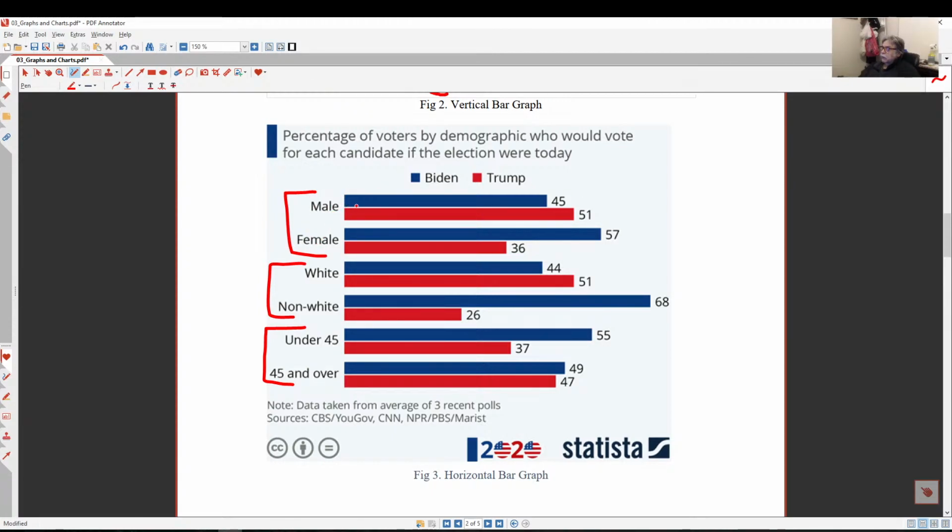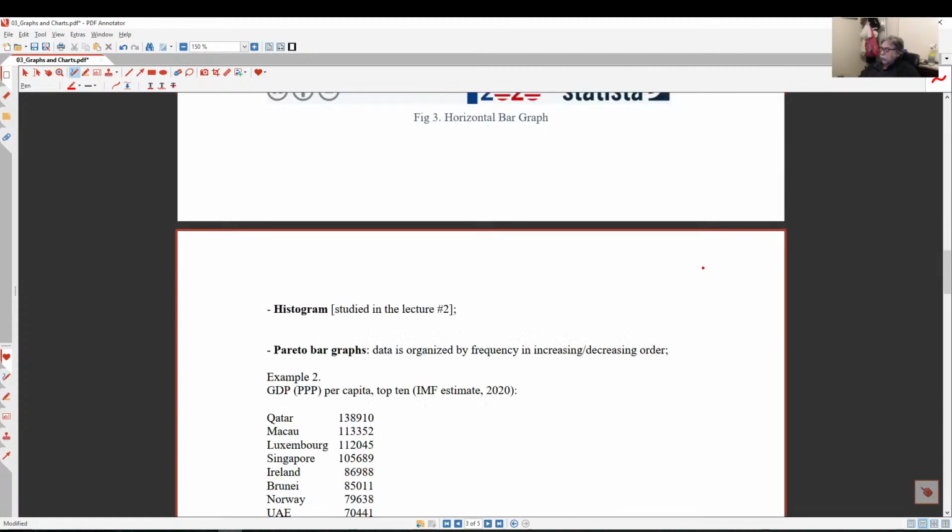The male voters are 51% voting for Donald Trump, 45% for Joe Biden. In the female gender group, we have 57% voting for Biden, 37% voting for Trump. Gives you some idea about discrepancy in terms of gender, and so on. You have that in racial distribution and age distribution. This is a type of horizontal bar graph.